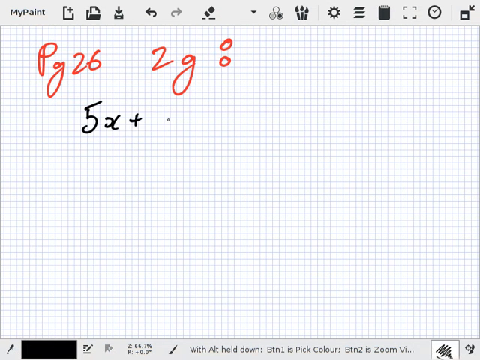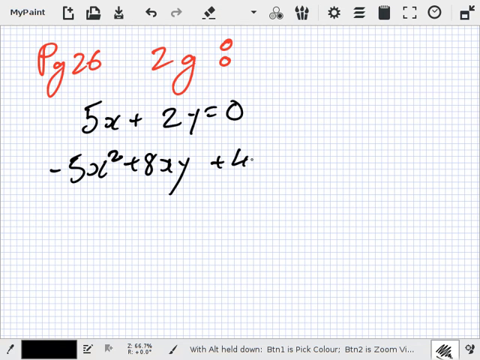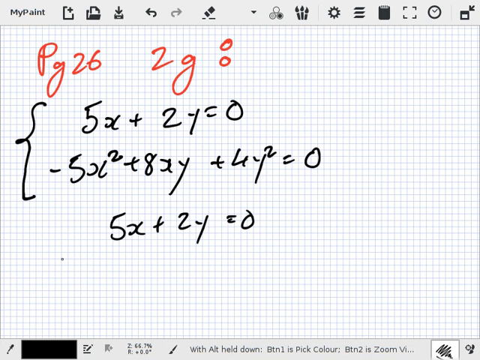5x plus 2y equals 0 and minus 5x squared plus 8xy plus 4y squared equals 0. So 5x plus 2y equals 0. And the second equation, you can factorize it as 5x plus 2y by minus x plus 2y.